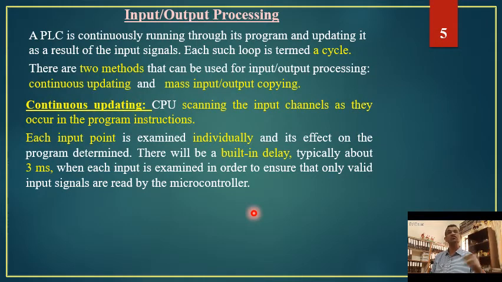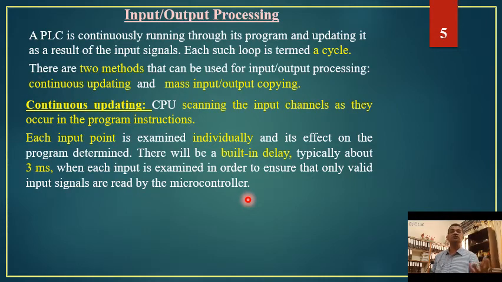So for accessing 1000 sensors, it needs around 3 seconds of delay. Then each input is examined in order to ensure that only valid input signals are read by the microcontroller. So validation of the input needs to be done, for which 3 milliseconds is gone. Then the time required for processing that particular signal is extra.